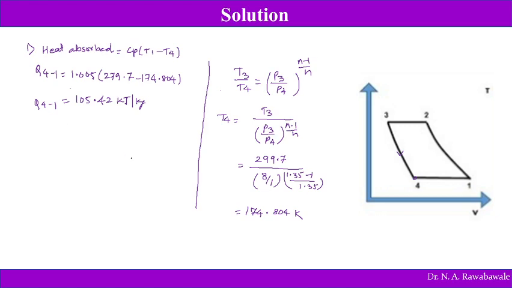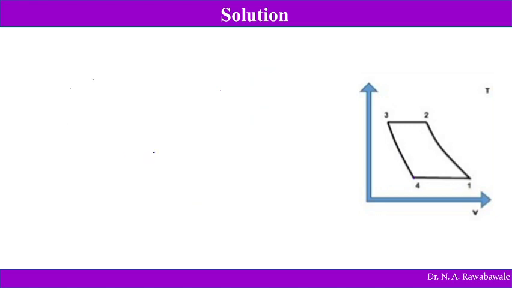Now we want to find out number 2, heat rejected, Q23. This is Cp (T2 minus T3). So we know T3, we know Cp, we don't know T2.